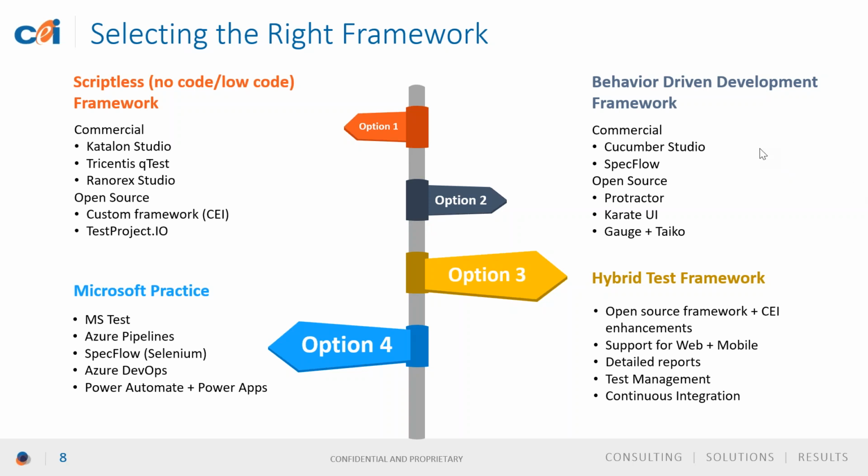Last flavor is Microsoft only. When companies go with an all-Microsoft practice, and we have a strong team who goes with all Microsoft, then Microsoft provides us the perfect framework for automation, the Microsoft Test Platform. Microsoft gives us an open source and extensible test platform that enables running tests, collecting diagnostics data, and reporting results.